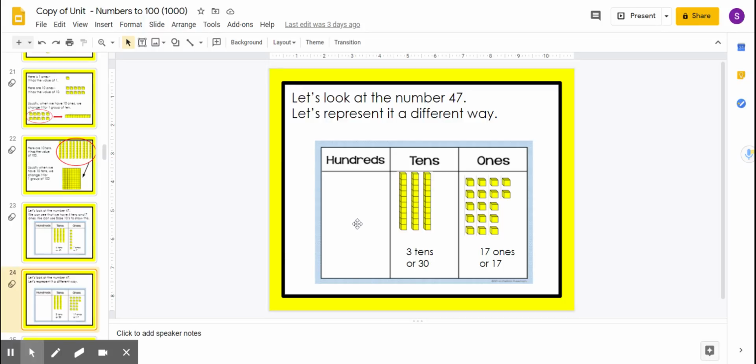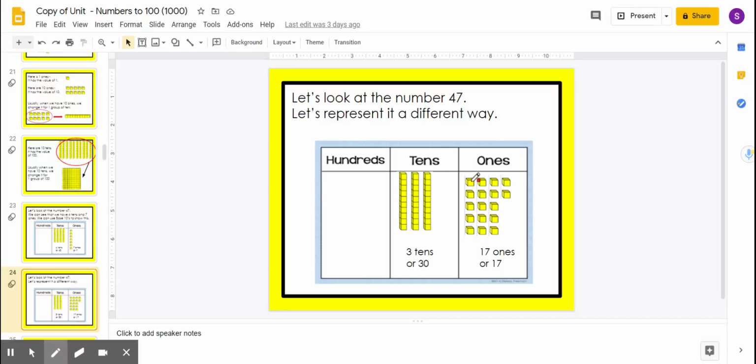So we can look at 47 in a different way. You'll notice here, I actually only have 3 tens in my tens column instead of 4. So if I count those up, it's 10, 20, 30. And instead of just having 7 ones, we actually took a 10 from here and put it back into the ones column.